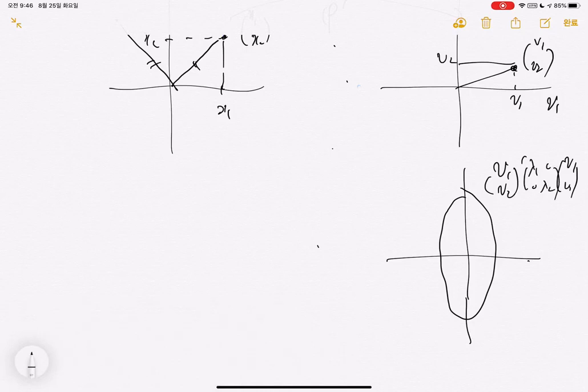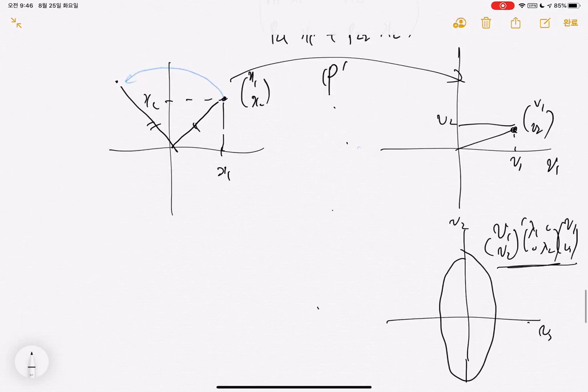So as we have seen before, depending on the magnitude of lambda 1 and lambda 2, this quadratic form creates an ellipse.